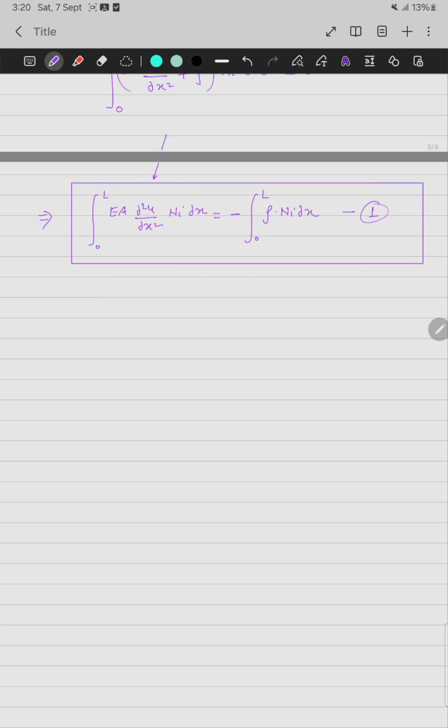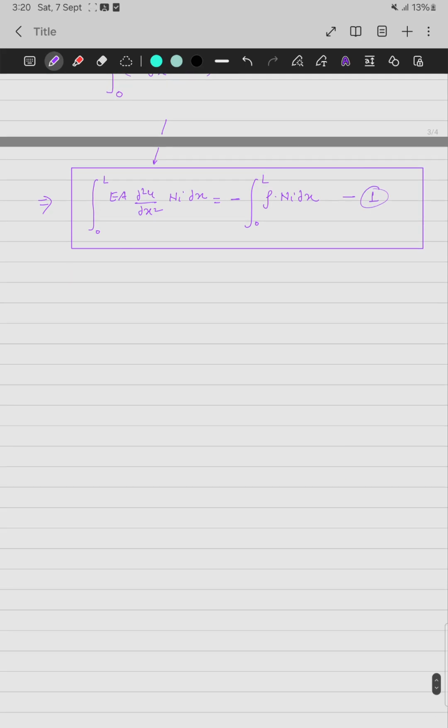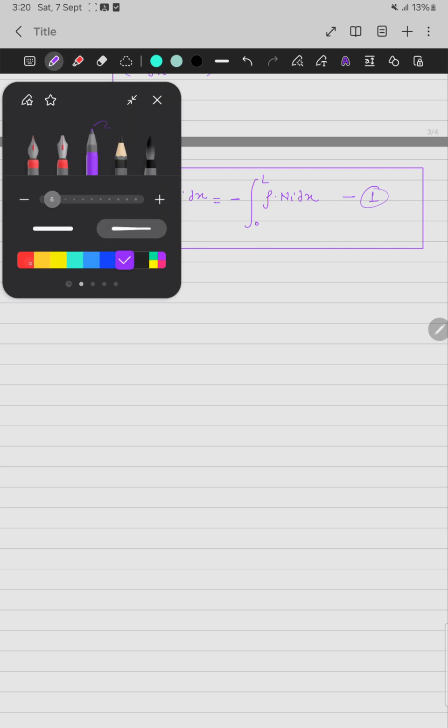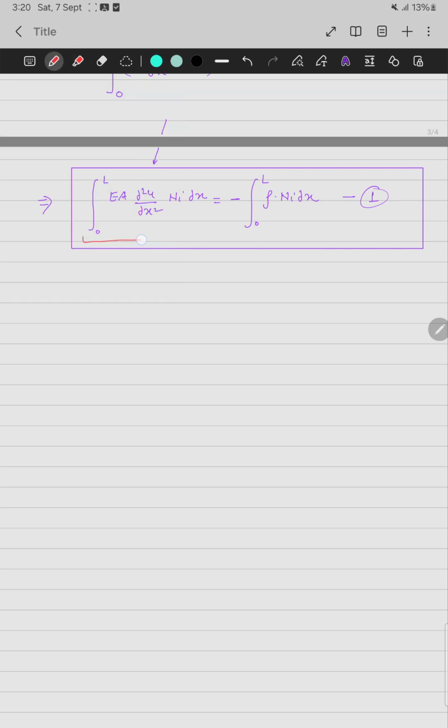Now focus on the left hand side part. Right now it is in second order, so we'll try to make it first order. We'll do that by conducting integration by parts on this left hand side. What is the basic idea for this integration?